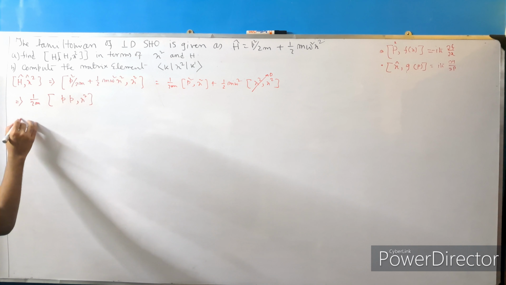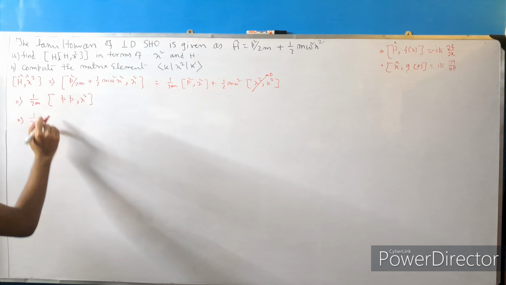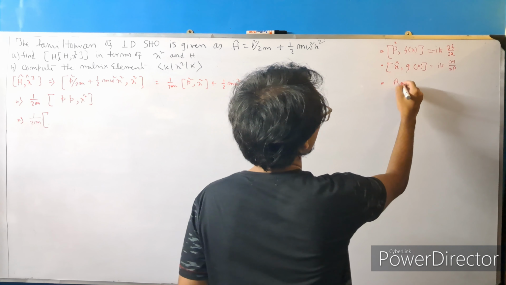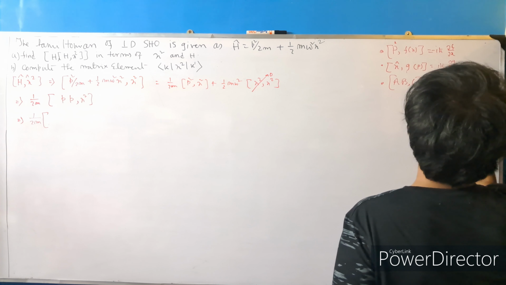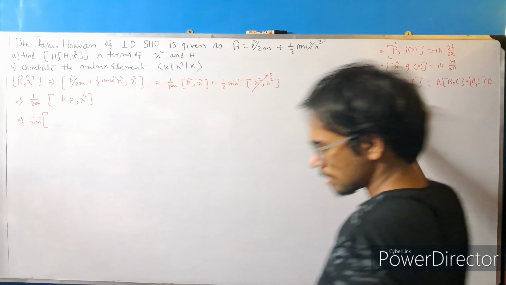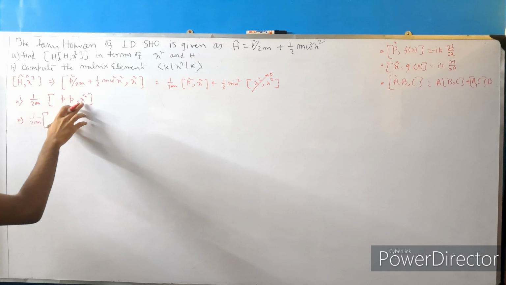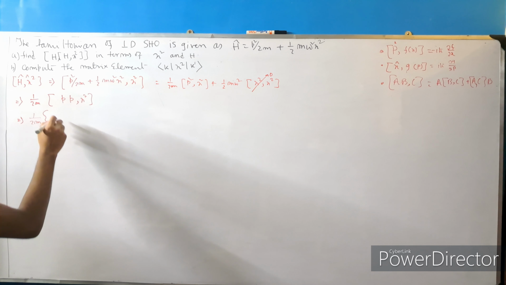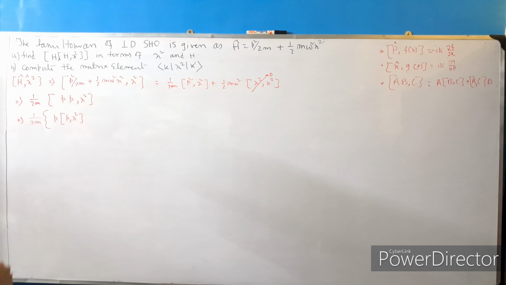Now we have another commutation relation we are going to use, that is [AB, C] can be written as A[B, C] plus [A, C]B. This is another commutation relation we are going to use. So you can treat A, B and C as these terms respectively, and we can write it.